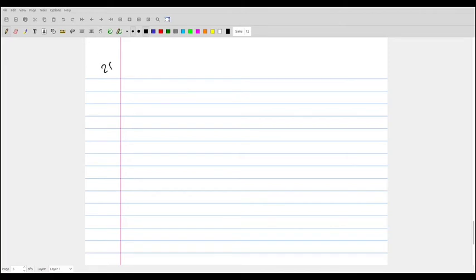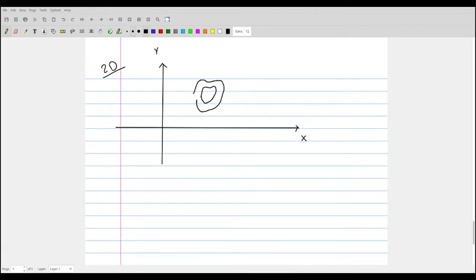So in 2D, we have maybe a topographic map of the level curves of a given function.